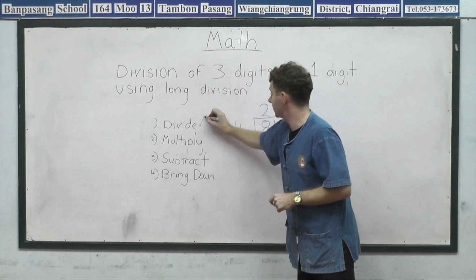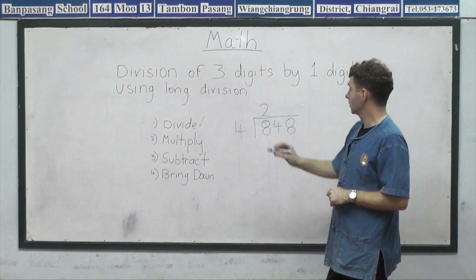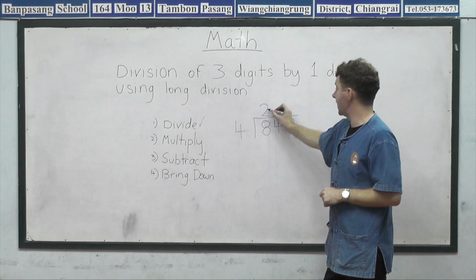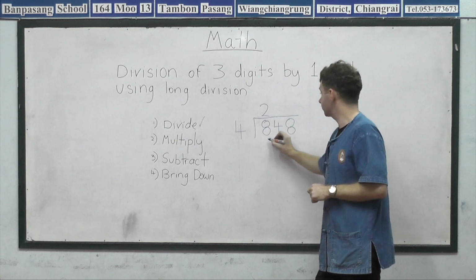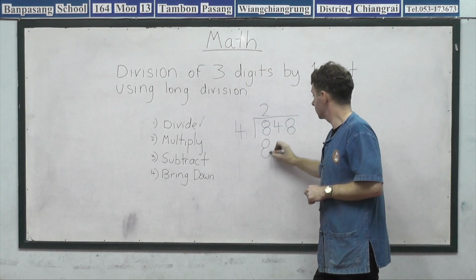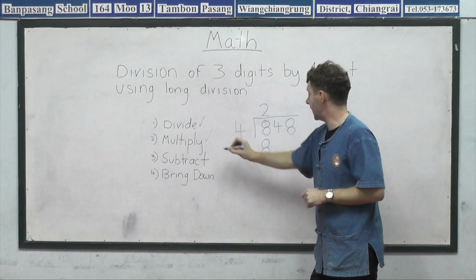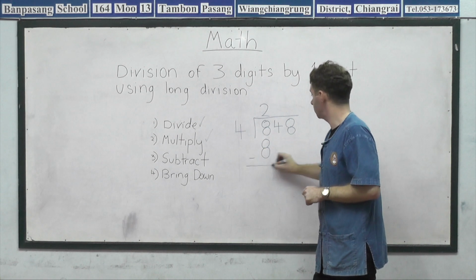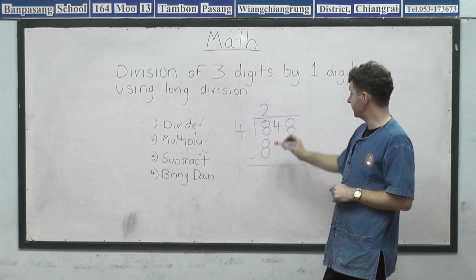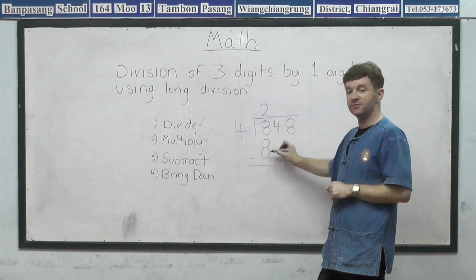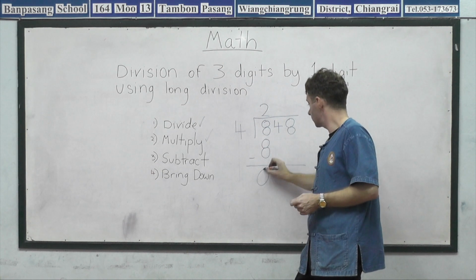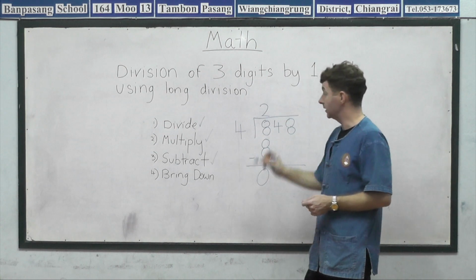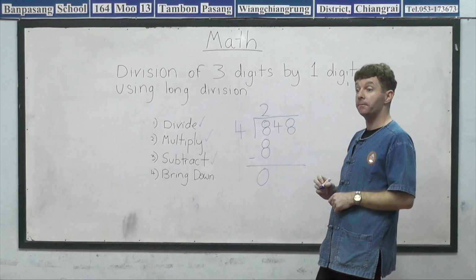So that's step 1. 4 times 2 equals 8. Step 2. Next, step number 3, what do we do? Subtract. 8 minus 8 equals 0. So that's step 3. Next step number 4.